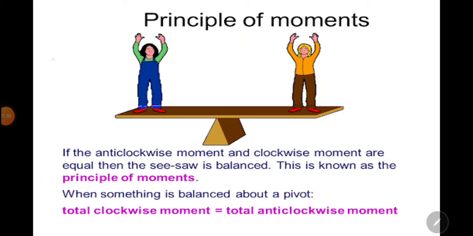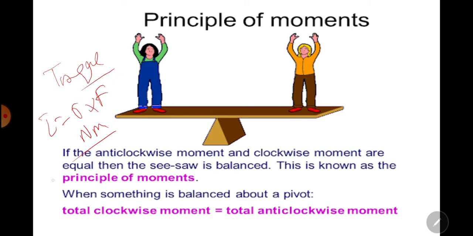Now we first define the torque: the rotational effect of a body is called torque. Then we write the formula, torque is equal to r cross F. Then we write the unit. So now I will explain types of torque.